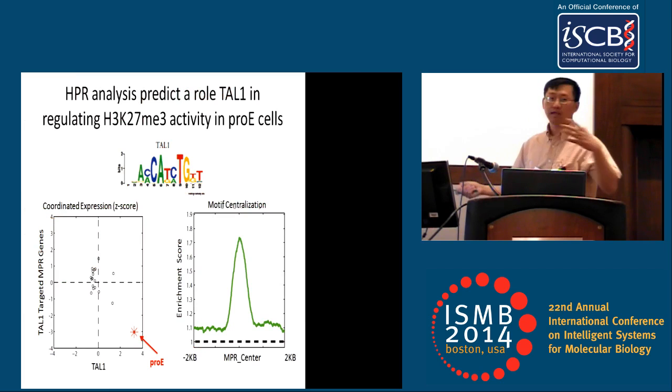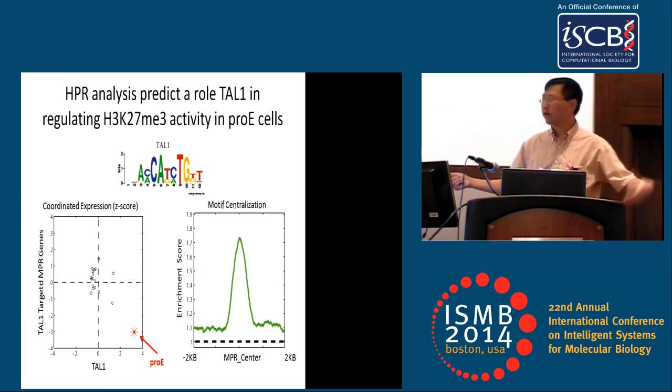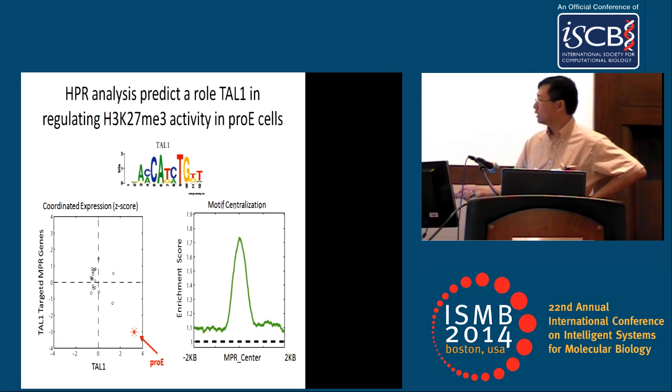Basically, you put your cell line together with all the cell lines that are available and select these regions, which are the ones uniquely active in your cell line. In this case, we find that TAL1 is enriched in Pro-E. It's anticorrelated and highly enriched.